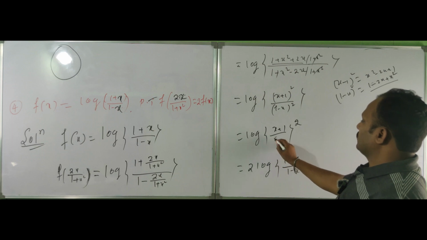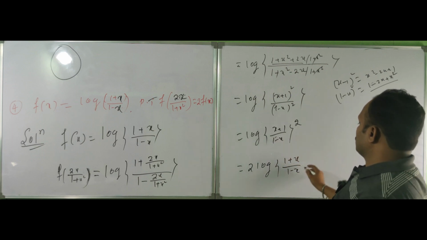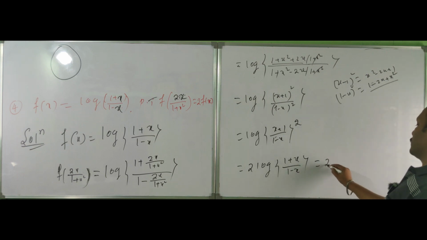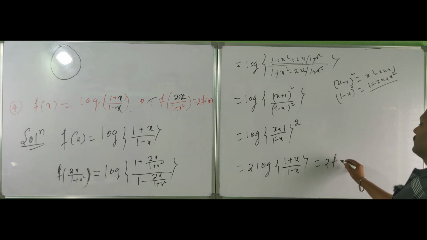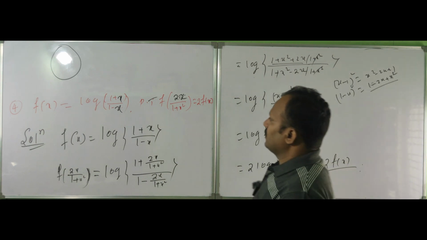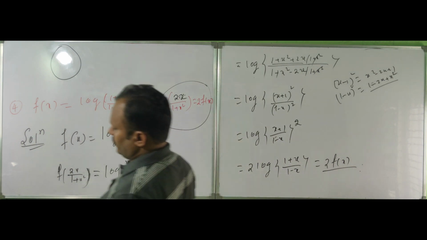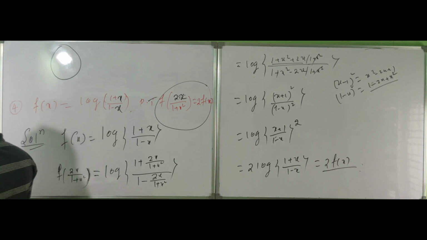That's all. This is equal to 2 into f of x. Hence, f of 2x by 1 plus x square is equal to 2 times f of x.